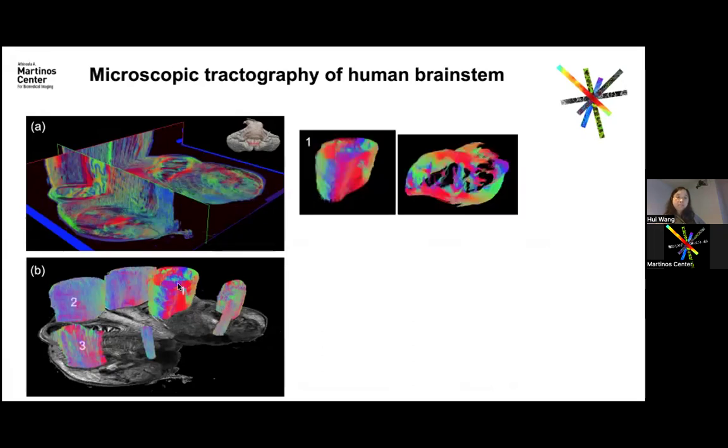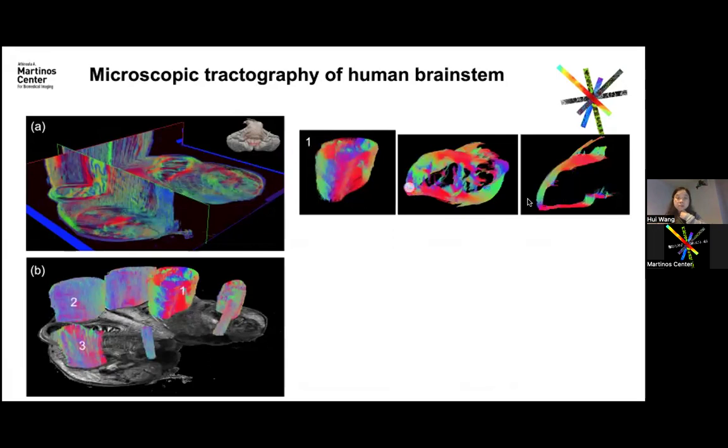Here, I'm just showing a zoomed-in version of 3 bundles. One is closed surrounding this inferior nucleus, and you can see that the fibers are going in different directions, trying to intervene with the nucleus in the middle, and we put a small ROI here. You see the fibers spread out and form a surrounding fiber structure like this.